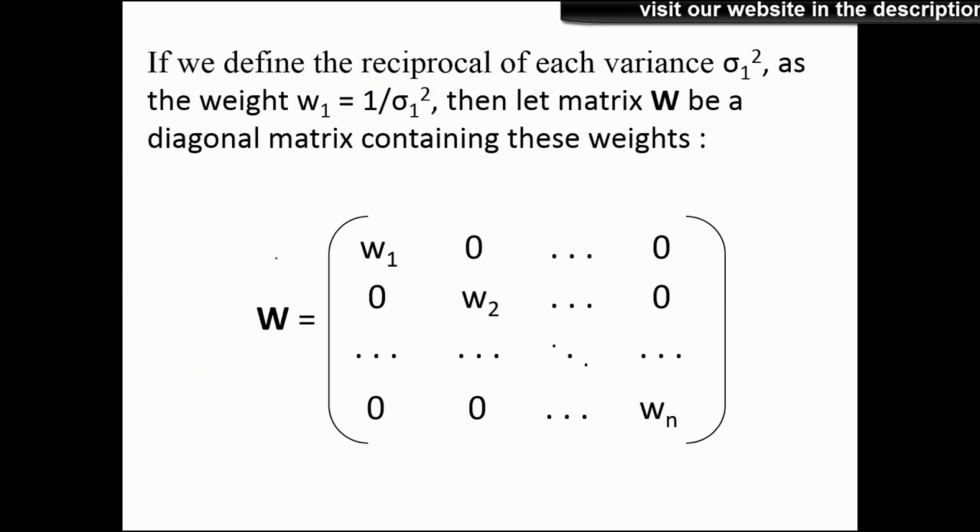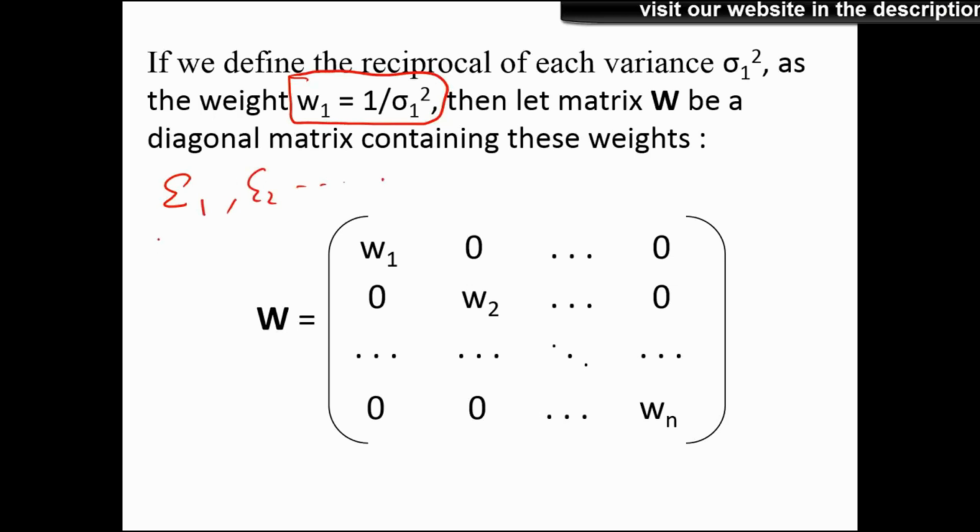With this in mind, we define what is known as a weight. The weight of an observation in your data is defined like this: weight is nothing but the reciprocal of its variance. The reason we're talking about a particular observation is that each error term is associated with a single observation, and it differs, like you have error 1, error 2, and so on.